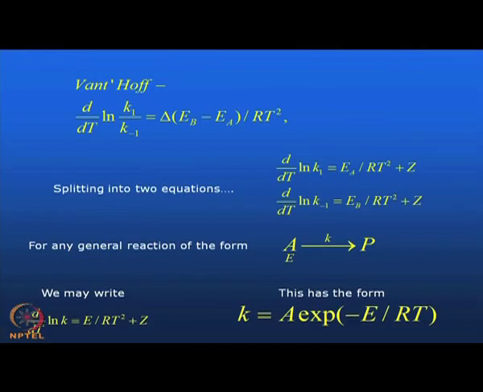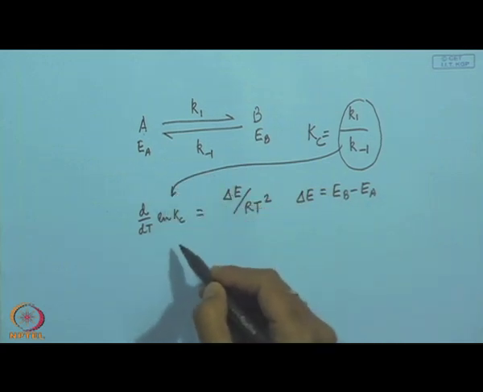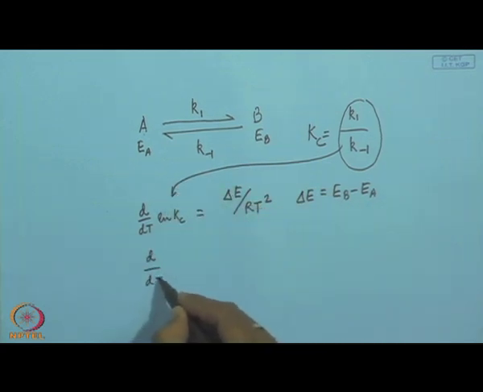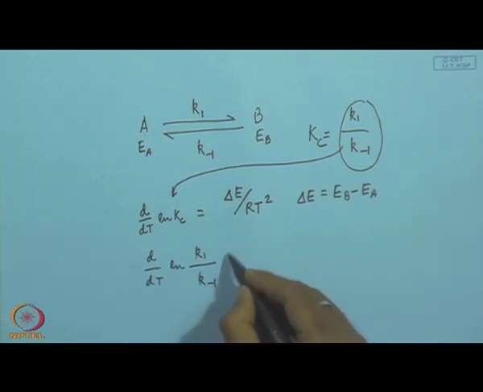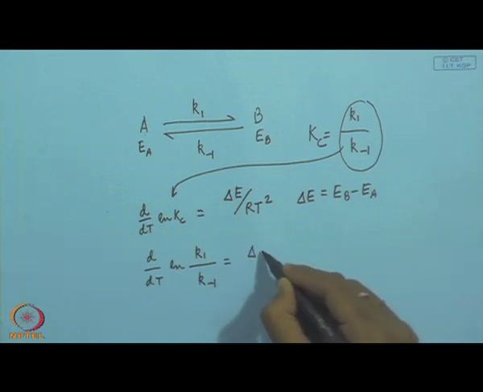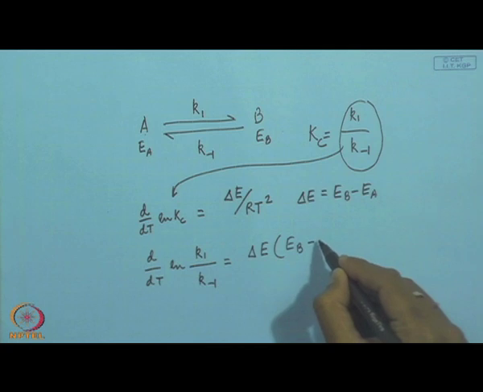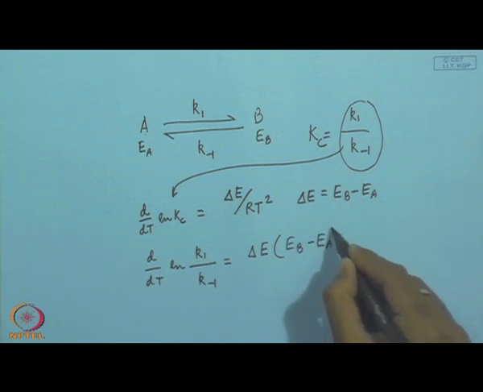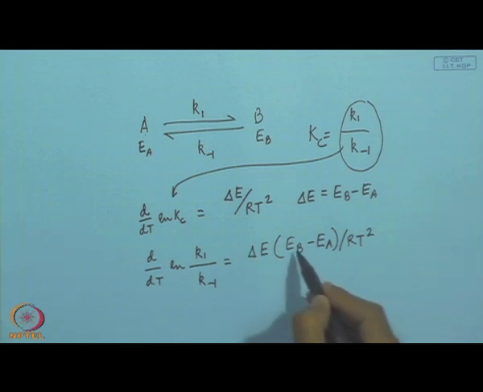So, if we plug this in here, then what do we get? d/dT of ln K1 by K minus 1 is equal to delta E, which means basically EB minus EA, by RT square.